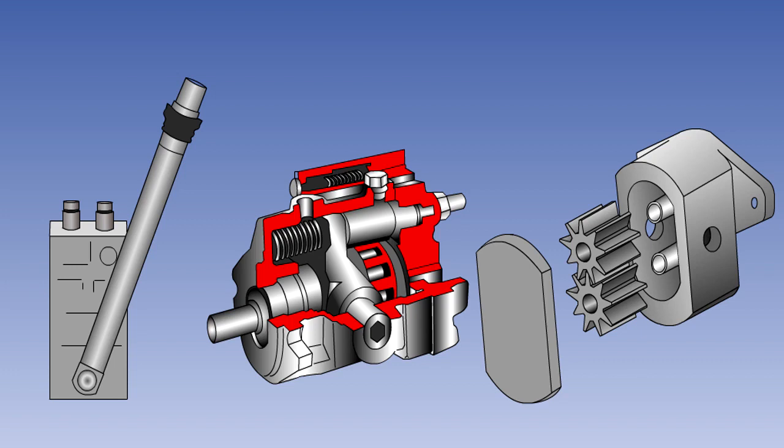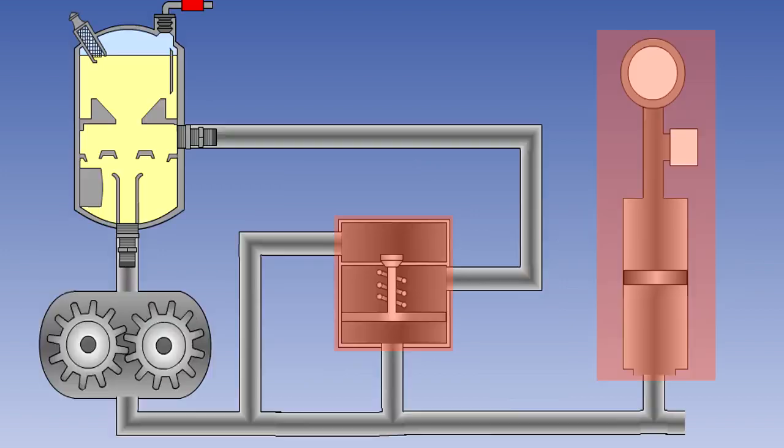Some aircraft have a ram air turbine driven pump available for emergency operation. Remember that systems using a constant delivery fixed volume pump must also have both an automatic cutout valve and an accumulator in the system.